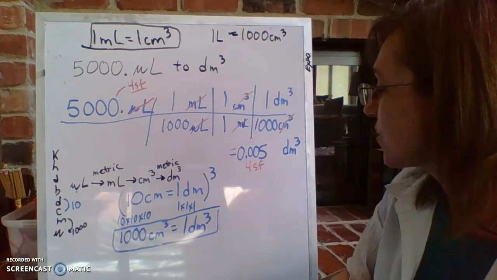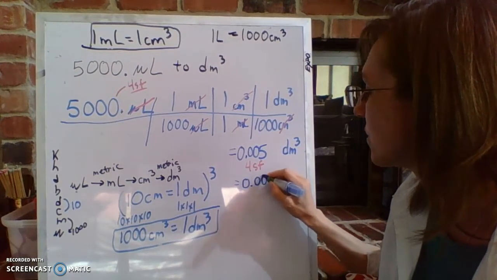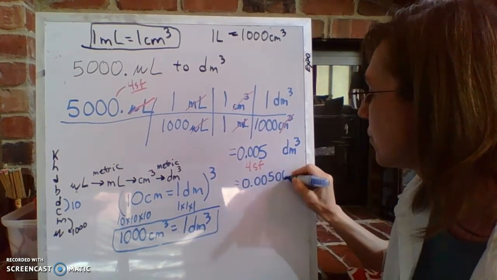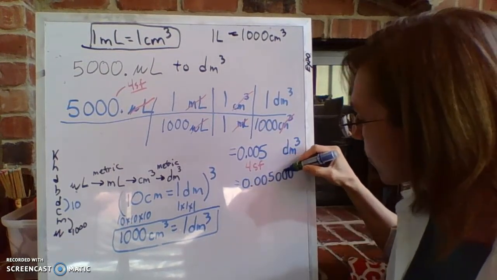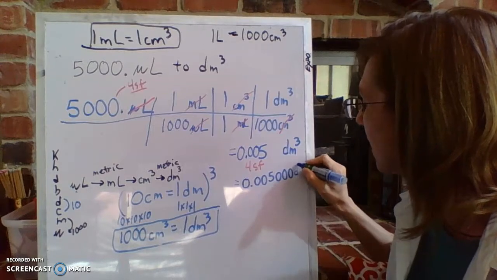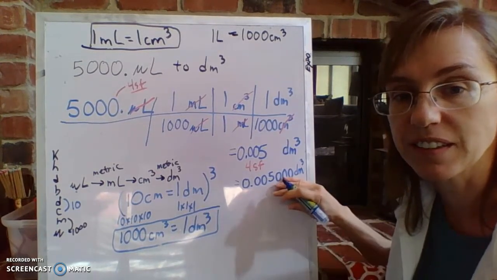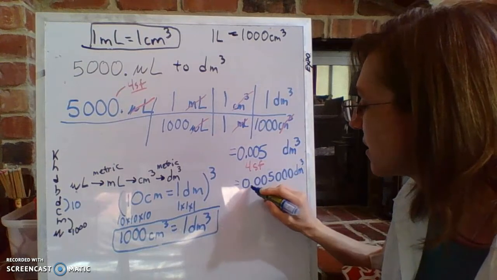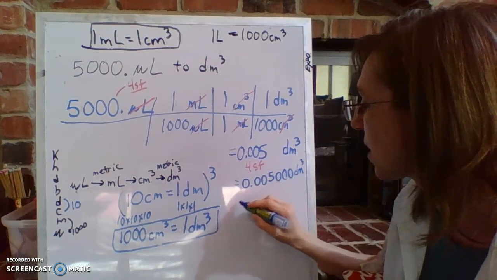Okay. So our final answer would have to look like 0.005123. So now it has 1, 2, 3, 4 significant figures. And of course, don't forget our units, and we're recopying it to our final answer. Another way of doing this is to change to scientific notation. We move this over 1, 2, 3 spots.